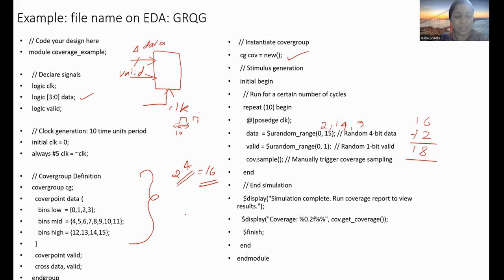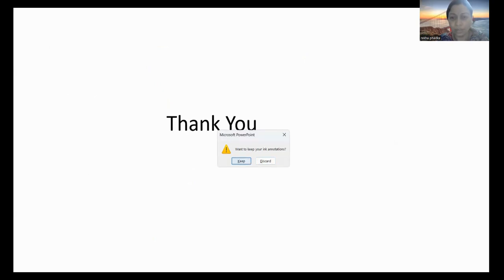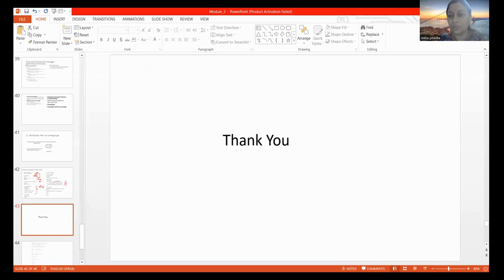So let's understand how we can do that using the EDA Playground, which I'm just showing here, the code which is being executed. So I have just copy pasted the same code which I just now explained. So when I run this code, I will see what is the coverage which has happened for this particular code.